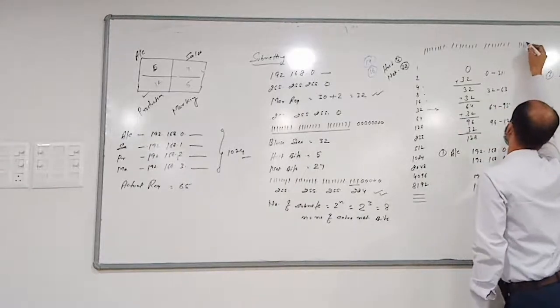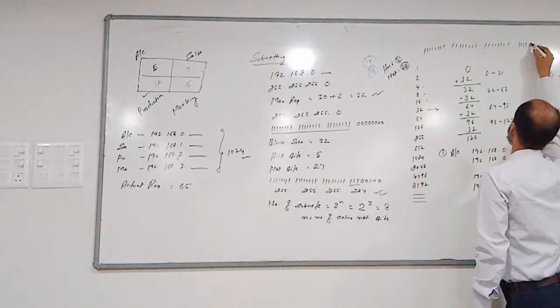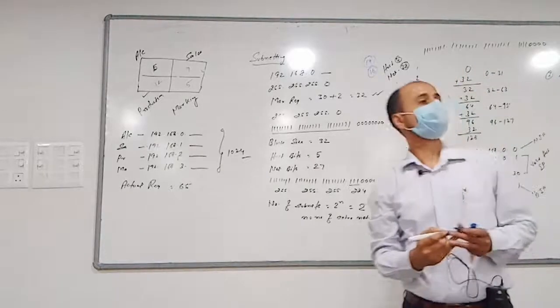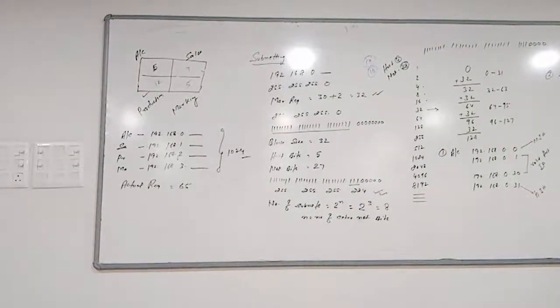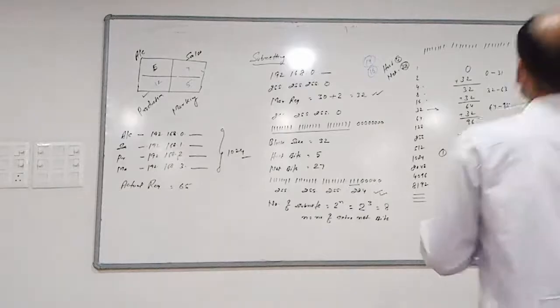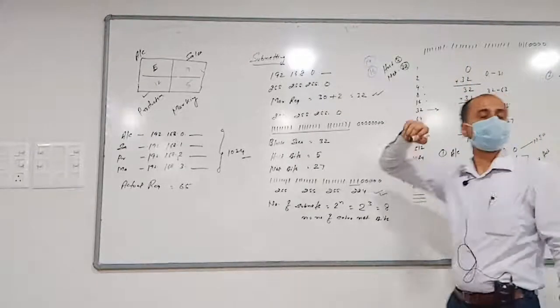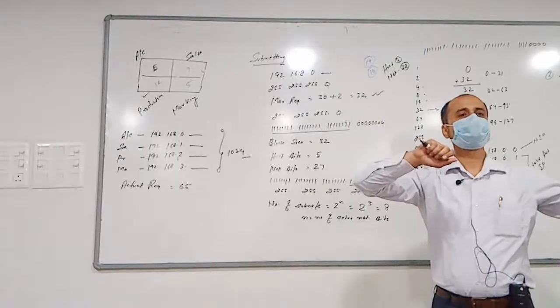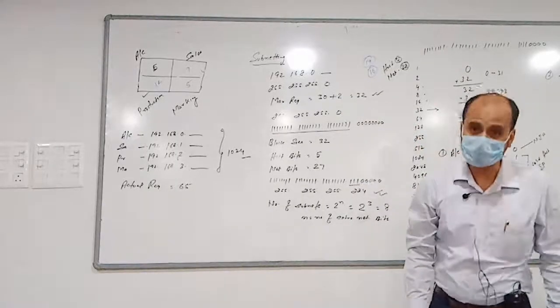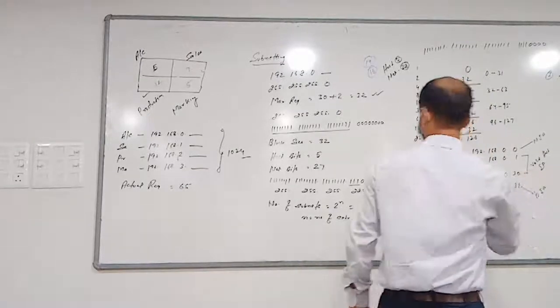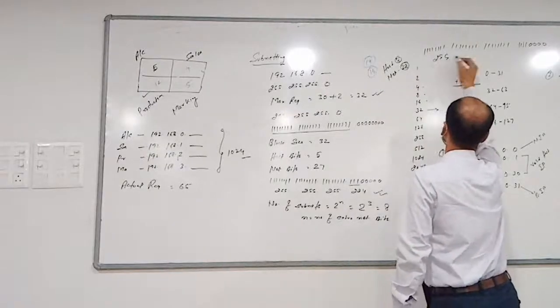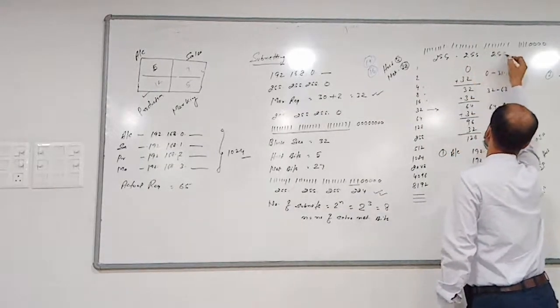Dot 1, 2, 3, 4. 28 times 1. No, just calculate it into decimal. What will be the answer? 240. Yes, 240. Fine? Okay. Subnet mask will be 255.255.255.240.